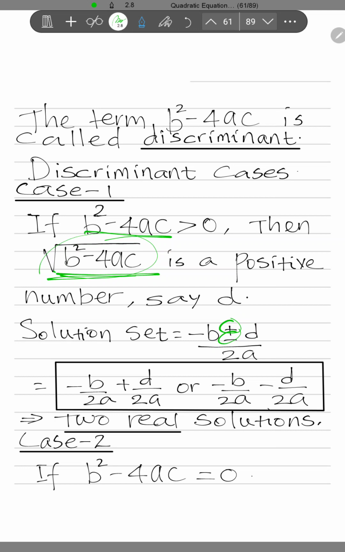These solutions are real numbers because if a number is in a square root, it has to be positive for a real number domain, or to have an output in the real number system. But if this is negative, it's not a real number anymore. For example, the square root of minus 4.